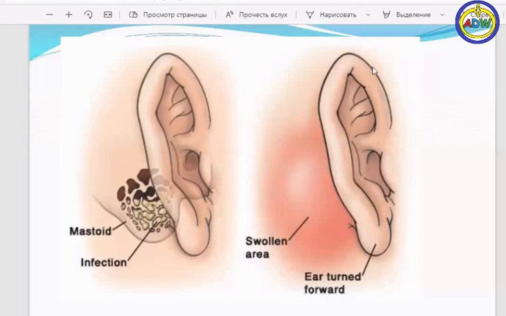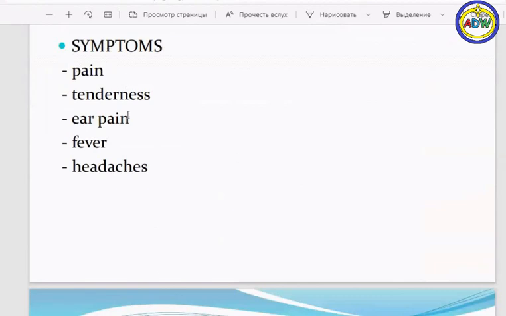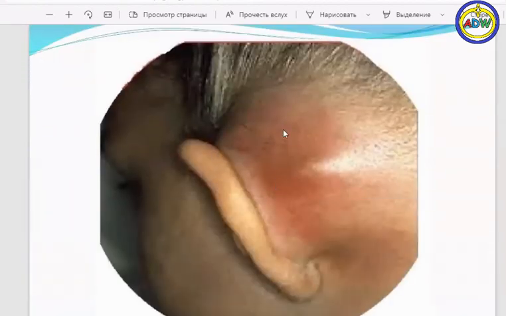The position of the pinna will be turned forward, and visually we can see asymmetry of the position of the pinna. And the symptoms, of course, are pain, tenderness, ear pain, fever, headaches. And you can see a view like that.